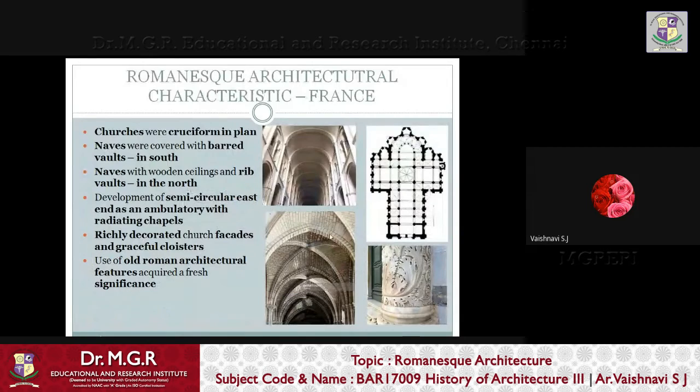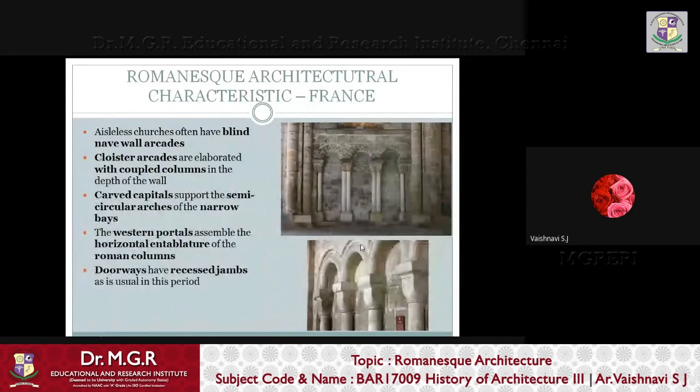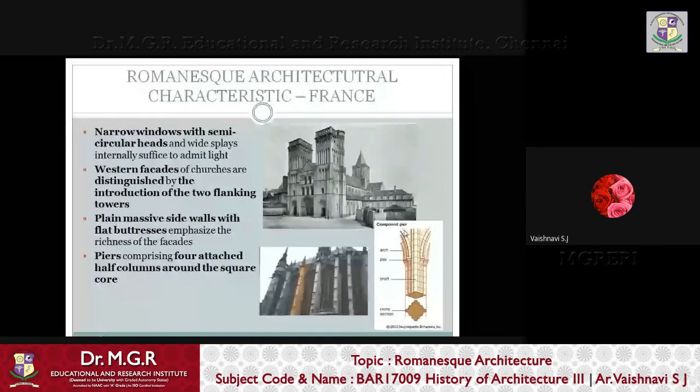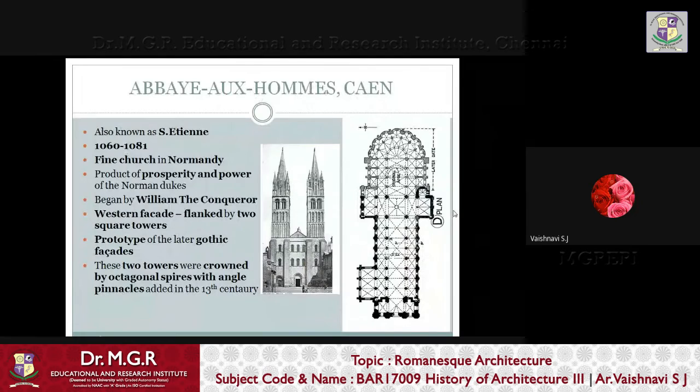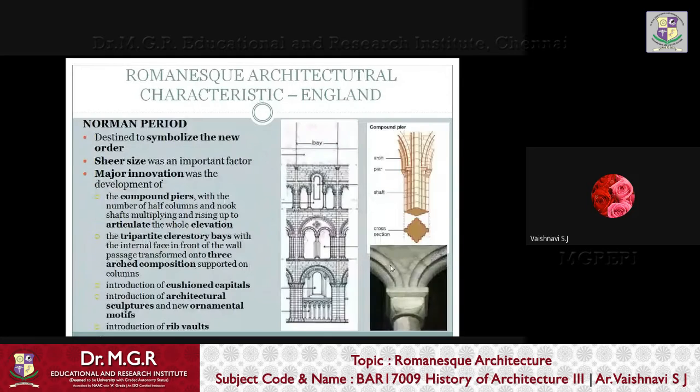And this is about France Romanesque architecture, where it has been explained about the elements which were used in churches. And this is an example for France Romanesque architecture, which is Abbaye aux Hommes. And then we saw about England, the Romanesque architecture, where it had two types.